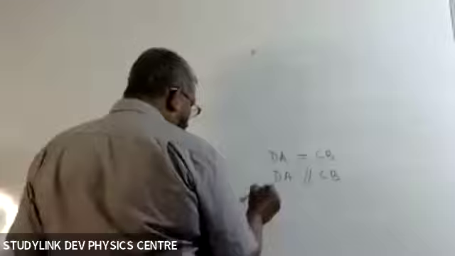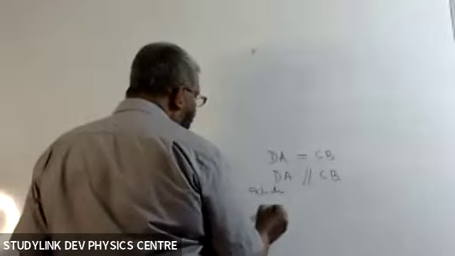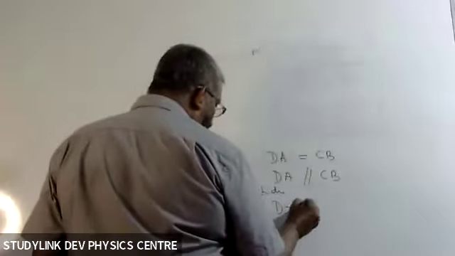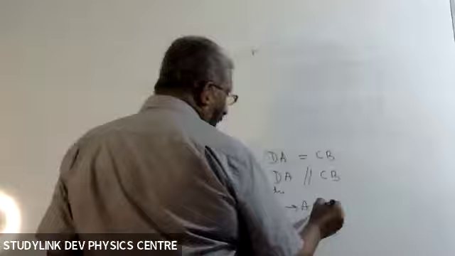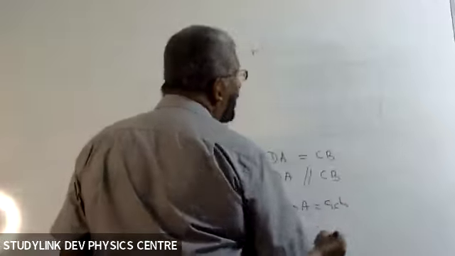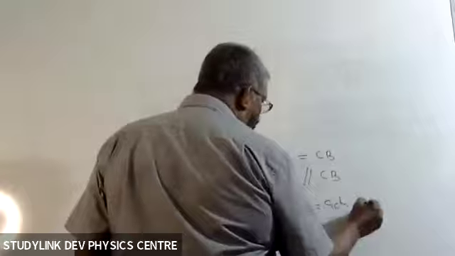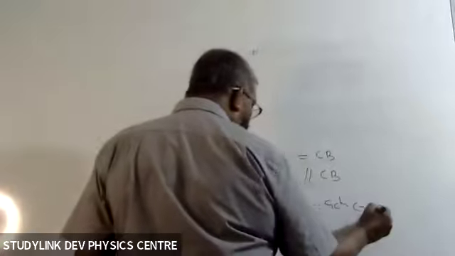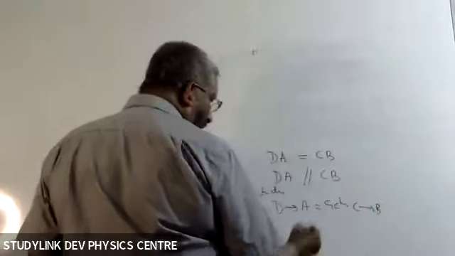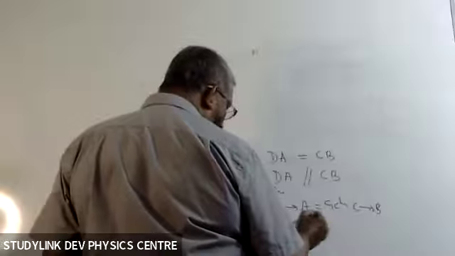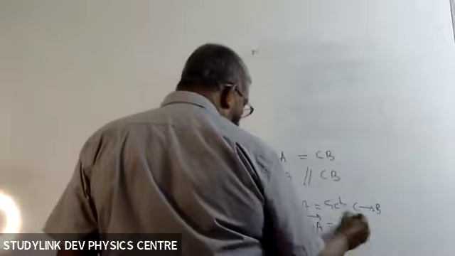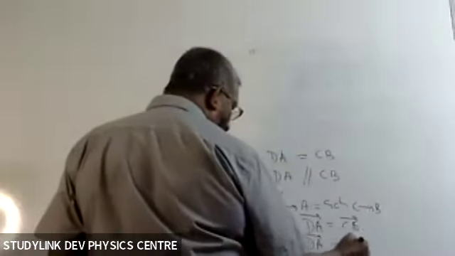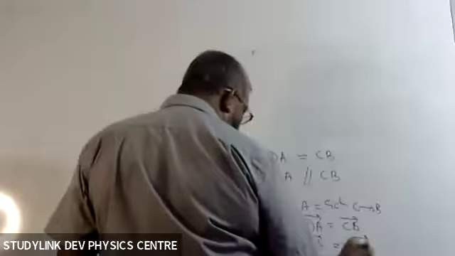The acting direction D to A is equal to the acting direction C to B. That means all are considered. DA is equal to CB. So minus DA is equal to minus CB. Minus CB is BC.